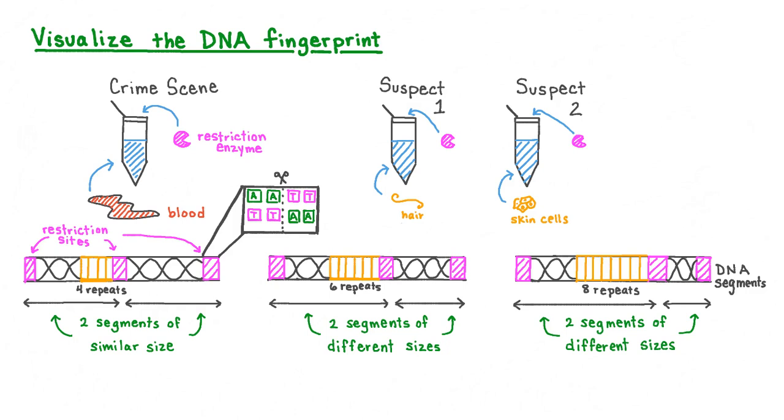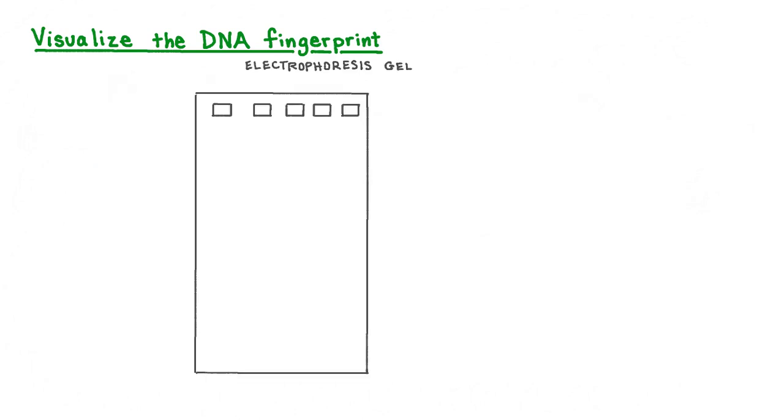Now we need to find a way to separate all the fragments of DNA from each of our samples. For that, we need an electrophoresis gel. Gel electrophoresis is a technique used by scientists to separate the DNA fragments from each sample based on their size. In this process, DNA samples are first loaded into wells at one end of the gel.